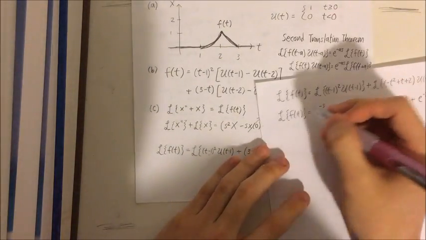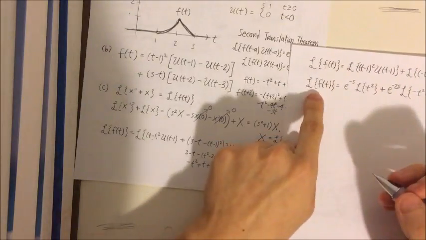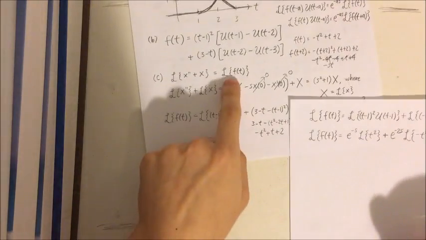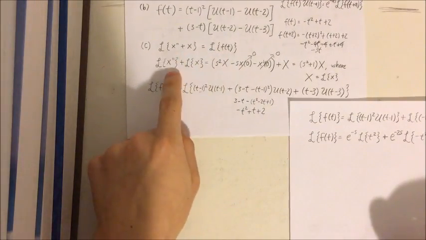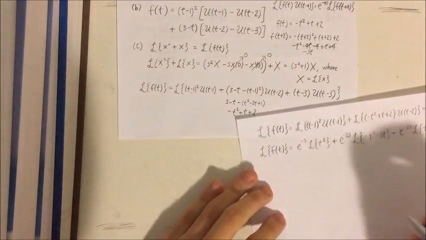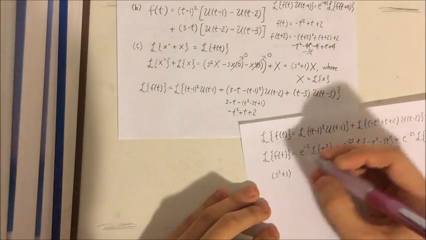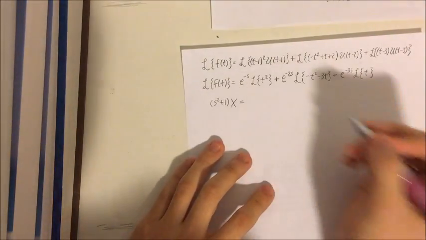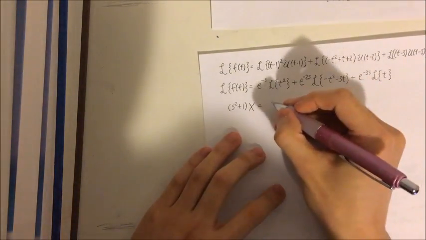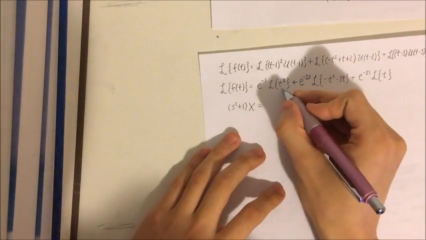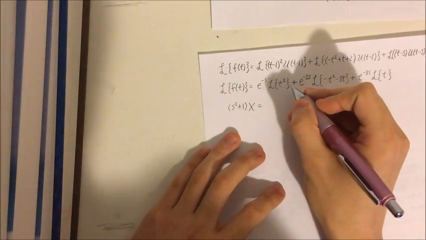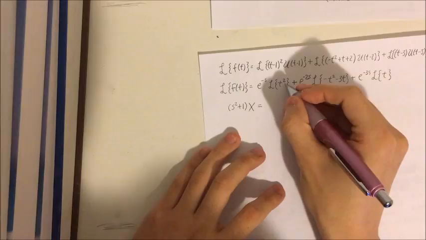Let's remember what L of f of t is equal to. L of f of t is equal to this, which is equal to this, which is equal to this. So this is going to be our s squared plus 1 X is going to be equal to, well, hopefully you know how to do these. So e to the s, the Laplace transform of t squared is going to be 2 factorial, which is 2 over this power plus 1, which is 3.